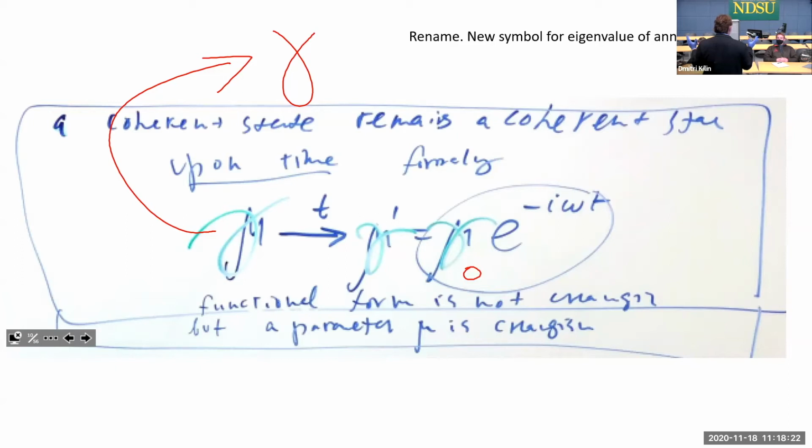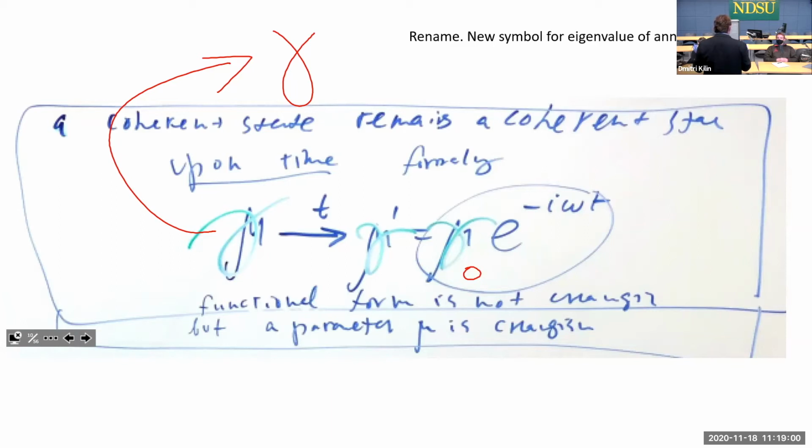So in some sense, we obtained the result that this summation of expansion coefficients times eigenstates, where the eigenvalue is time dependent, is rotating in the complex plane, will always be an eigenstate of the annihilation operator. So both the eigenvalue and the eigenstate of the annihilation operator are time dependent.